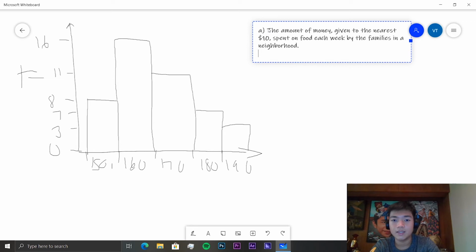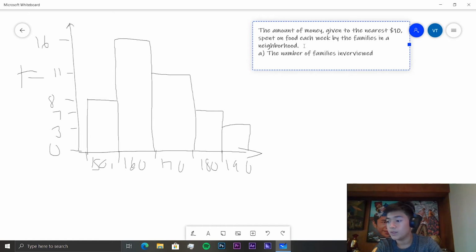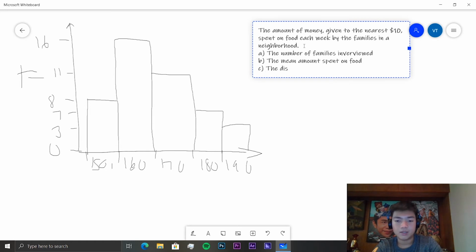So the first thing is we need to find out the number of families interviewed, the mean amount spent on food, and the distribution, and comment on the distribution.